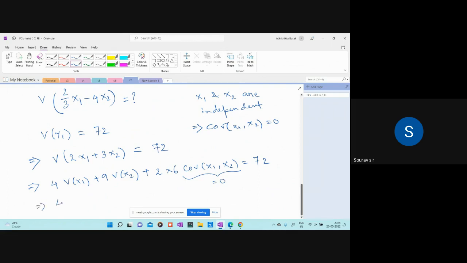So 4 into variance of X1 plus 9 into variance of X2 equals 72. This is my first equation.